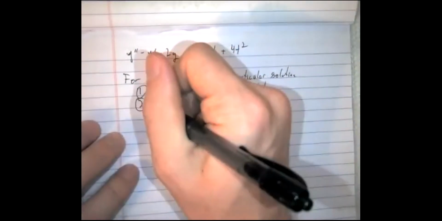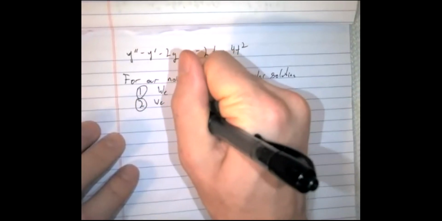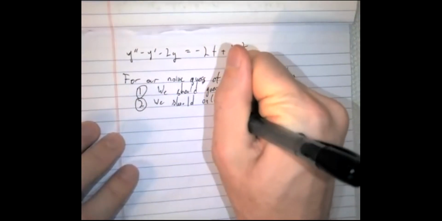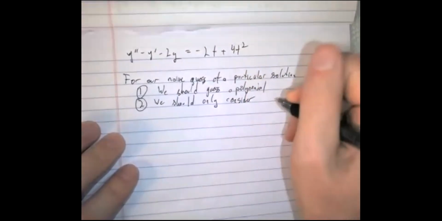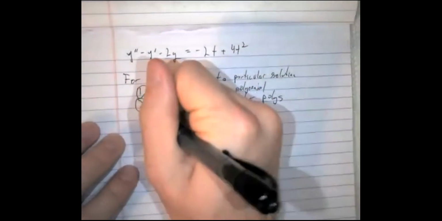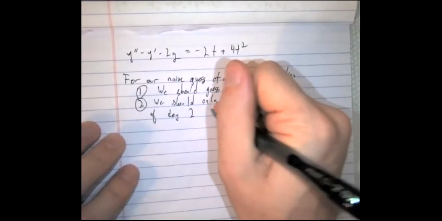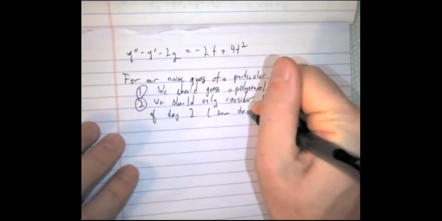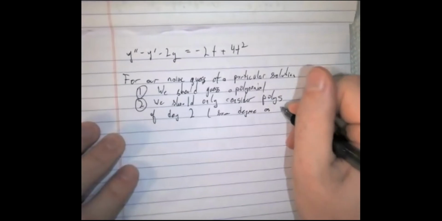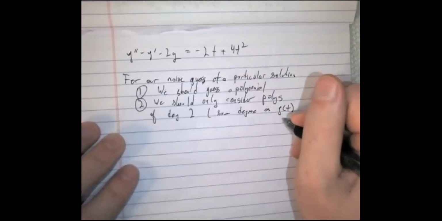So we should only consider polynomials of degree 2, or the same degree as g of t, if g of t is a polynomial.